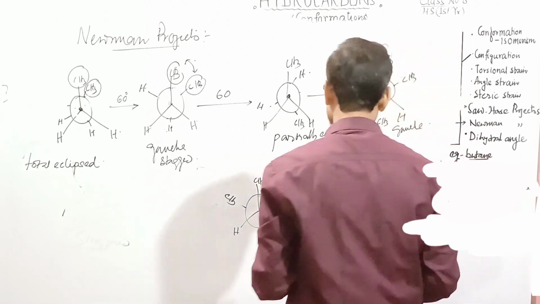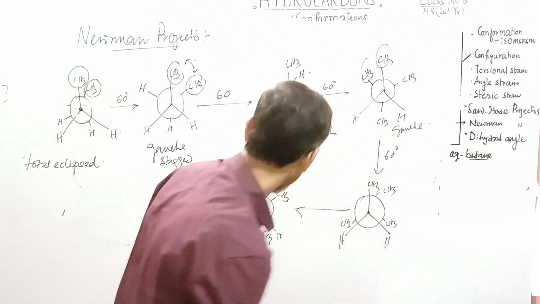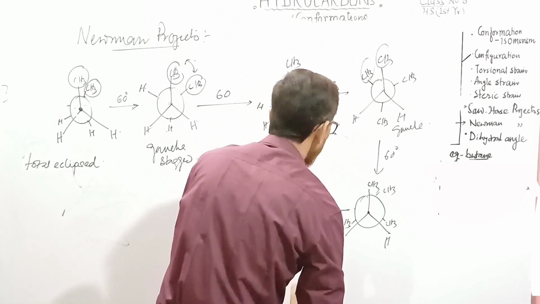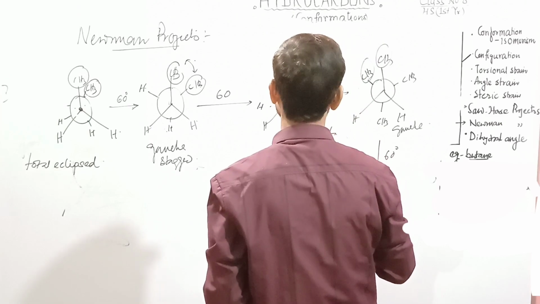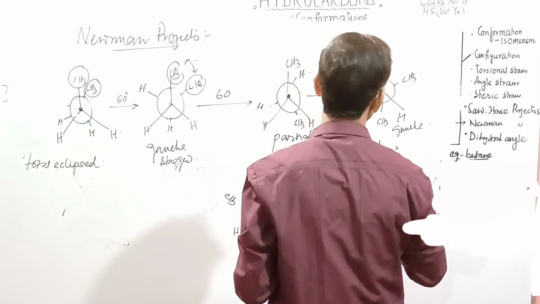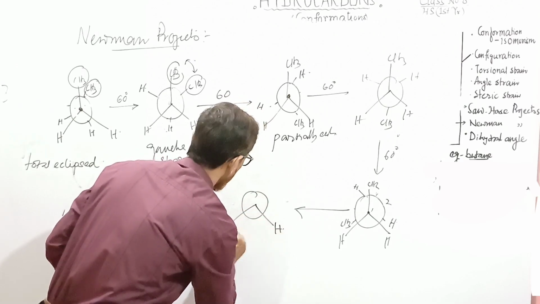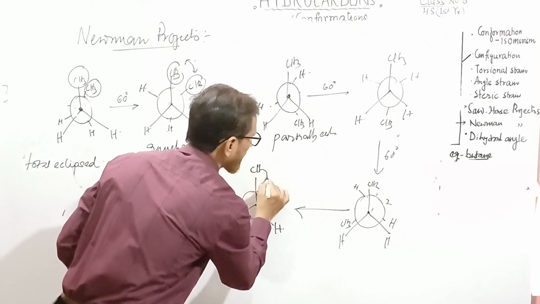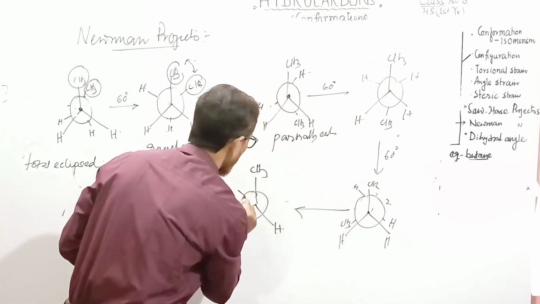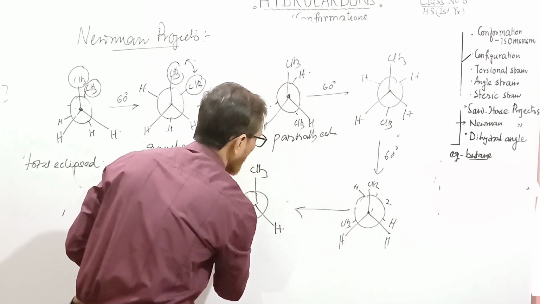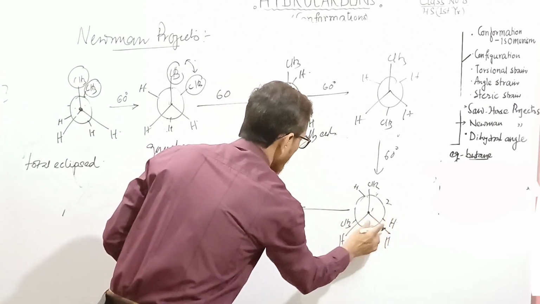Again here you are getting hydrogen, CH3, and when you make this one, this will go here, this is here, and this is here.